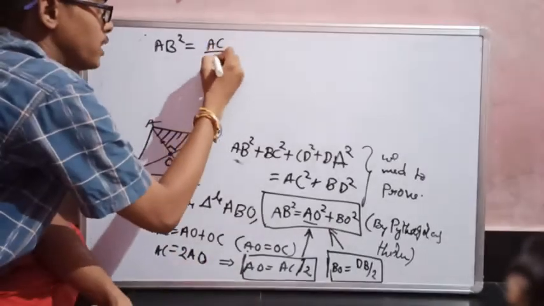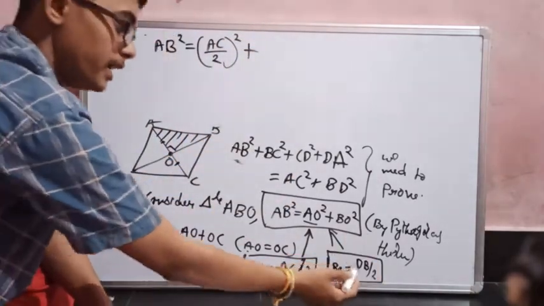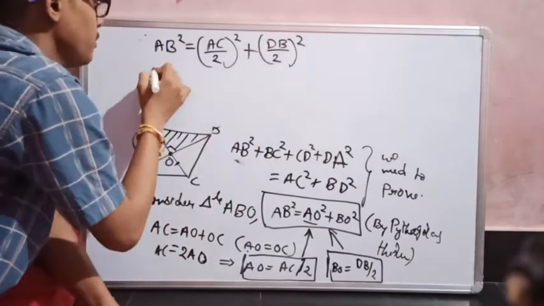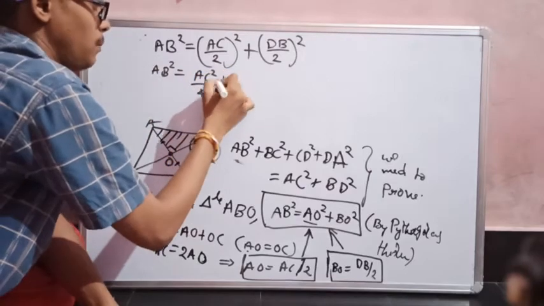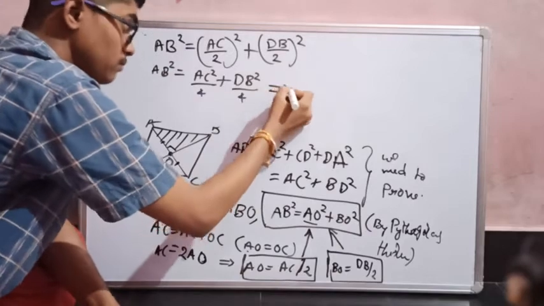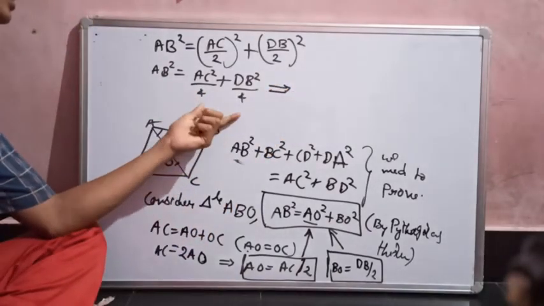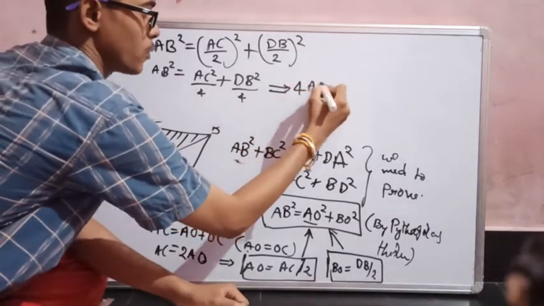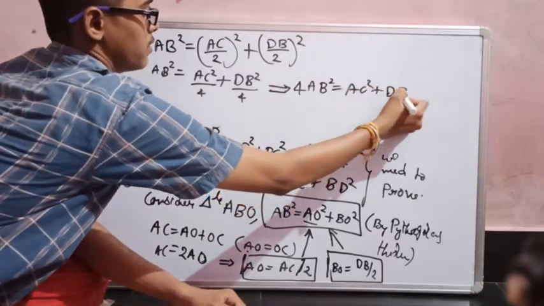I will substitute: AB square is equal to AC by 2 whole square plus DB by 2 whole square. We get AB square is equal to AC square by 4 plus DB square by 4. Taking the LCM, since 4 is common in the denominator, we send the 4 to the LHS. We get 4AB square is equal to AC square plus DB square.